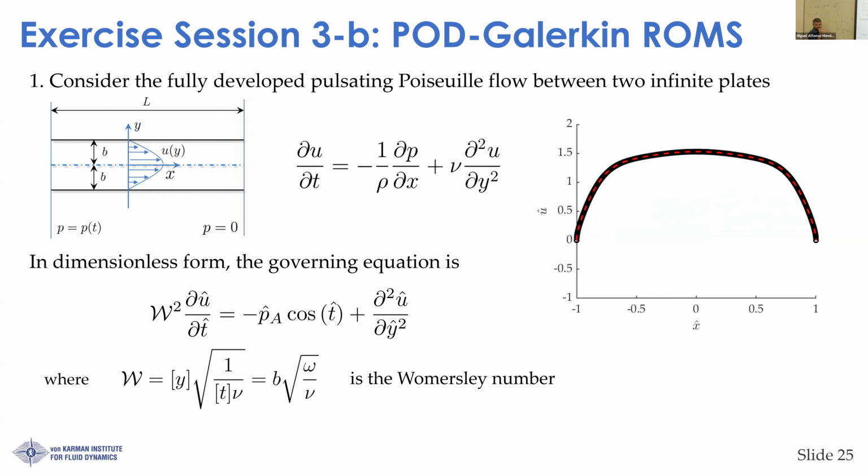In this case, it's a wall, it's no slip, so I know this will always be 0. All I need to advance are these three points. So the operator I will need should be 3 by 3. Let me number them 0, 1, 2, 3, 4. I only need to advance 1, 2, 3, because 0 and 4 are fixed by the boundary condition.